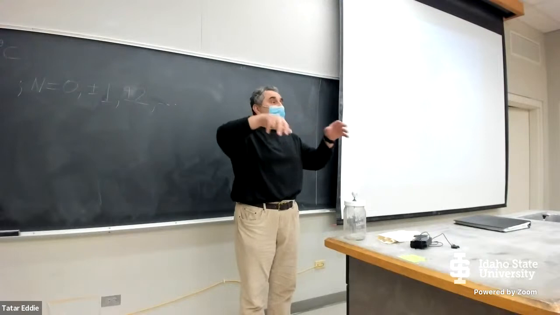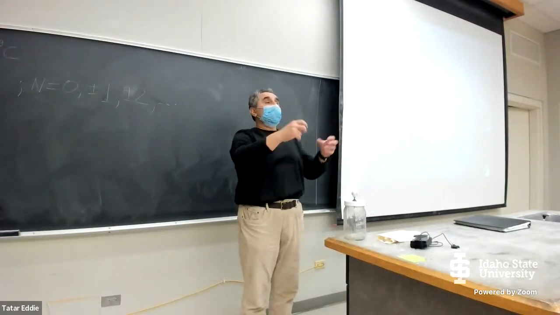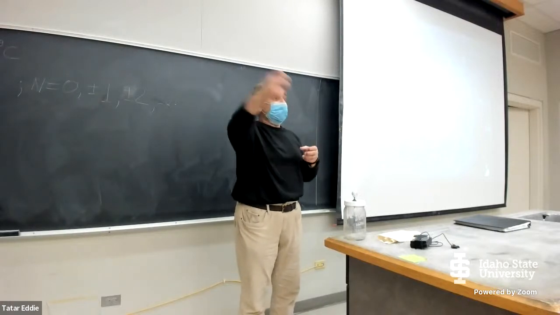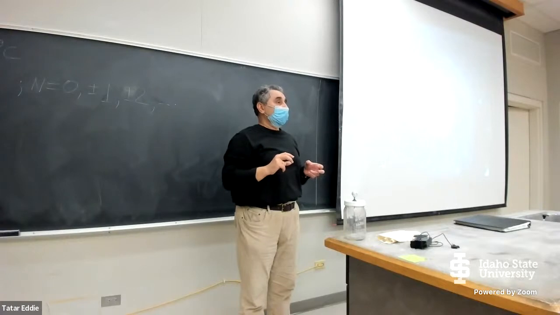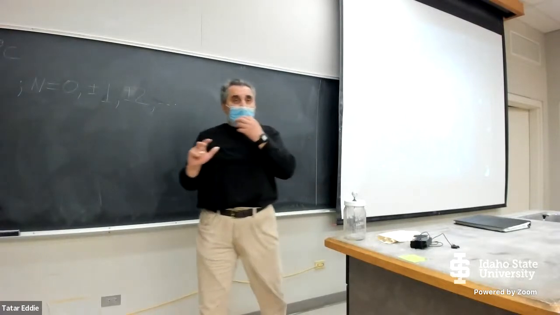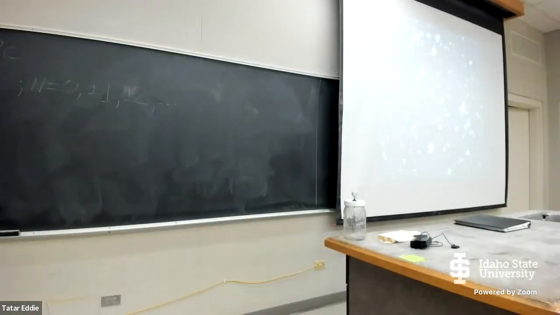The change of the charge in this room is only due to charges that leave or come from outside. So this is one of the conservation laws that is an absolutely firm conservation law.